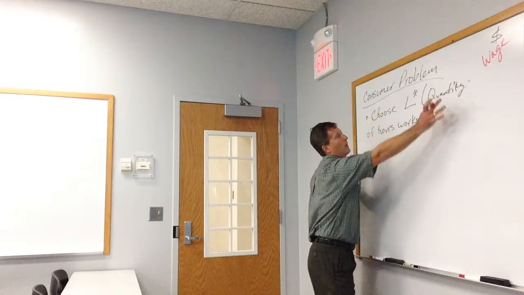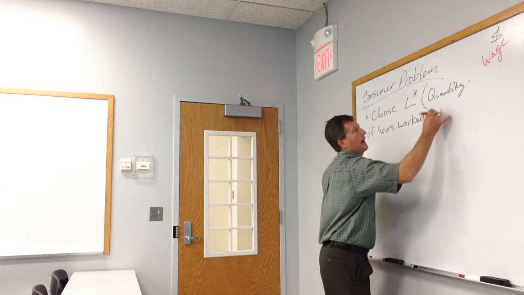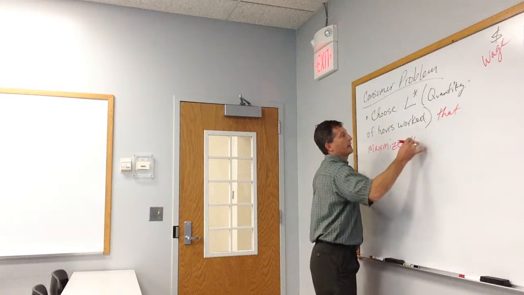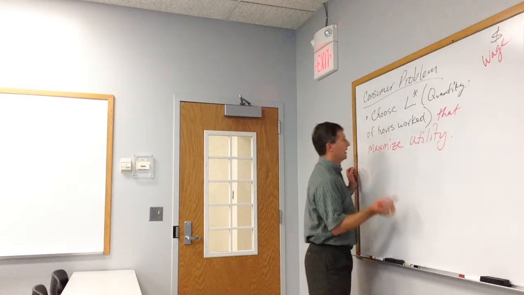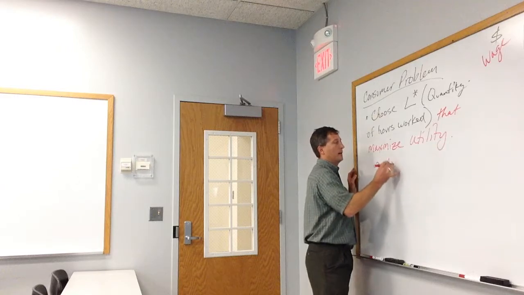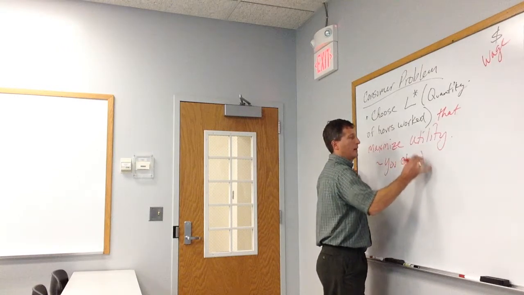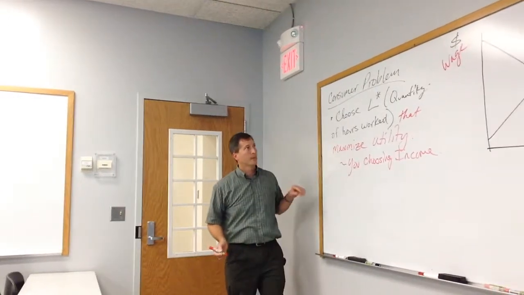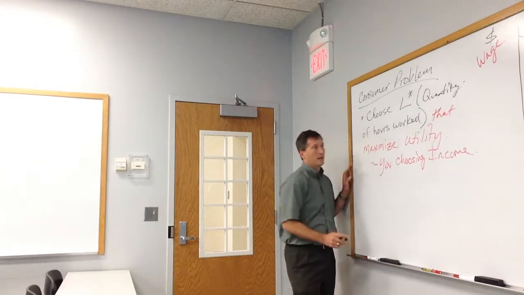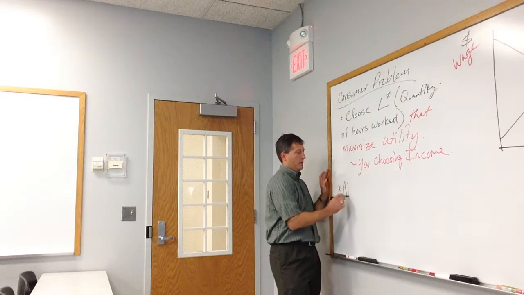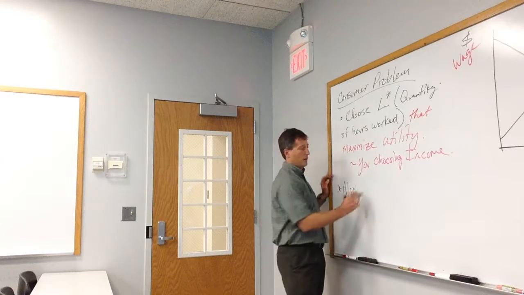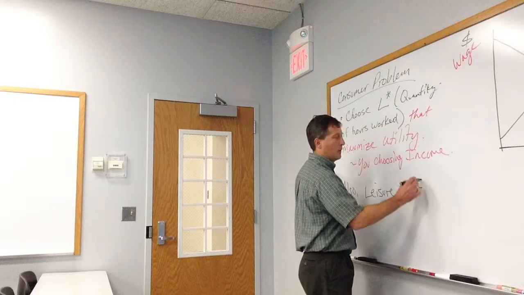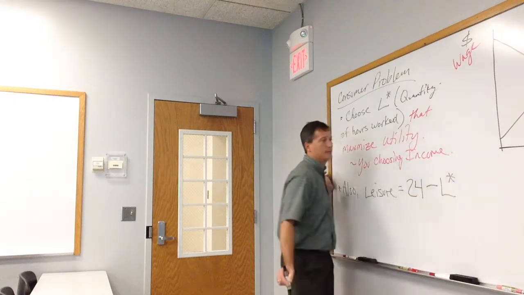So we're going to choose the quantity of hours worked that maximize utility. The thing that's a little bit weird here is that you are choosing your income. Also, leisure equals 24 minus L star.